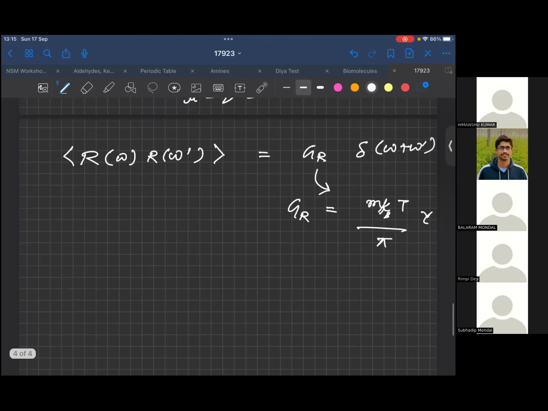So from here we can say that the power spectrum is actually determined by our friction. That means the resistance to the system actually tells us how the states are going to be populated and how the energy, the microscopic thermal energy, is going to be dissipated. So this thermal force, which is the R, is actually the result of thermal fluctuation.